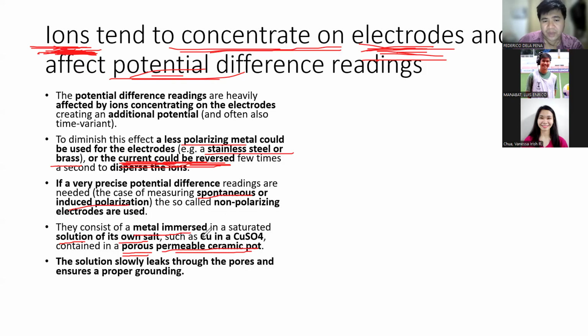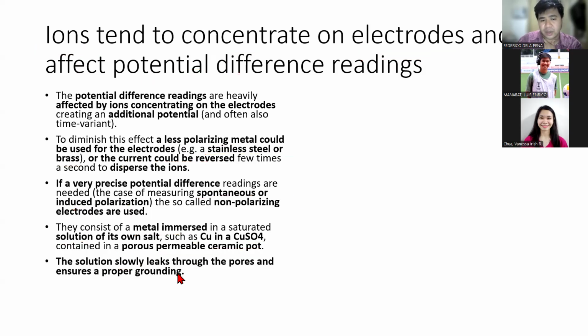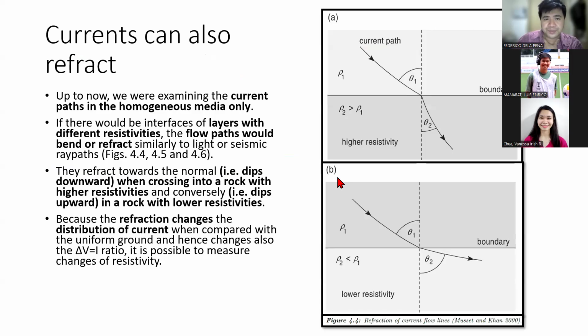So, for example, if you have a copper electrode, you will have some copper sulfate solution. The purpose of the porous ceramic pot is that it's slowly leaking into the ground. It ensures that your electrodes are properly in contact with the ground, right?